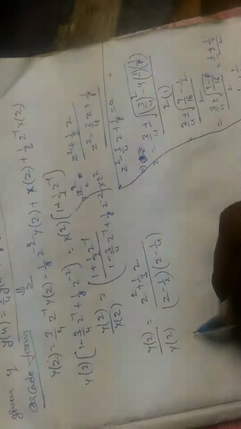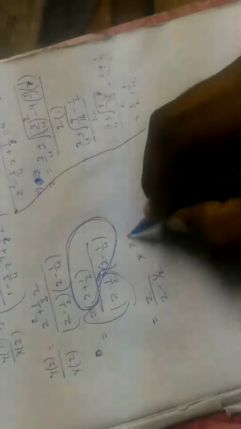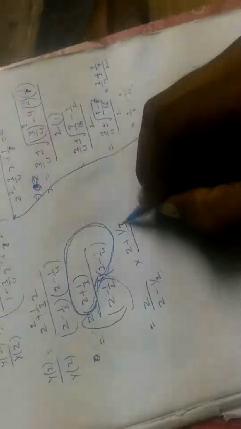Then z into (z plus 1/3) divided by (z minus 1/2) into (z minus 1/4). Then take this as one term and another as another term: z divided by (z minus 1/2) into (z plus 1/3) divided by (z minus 1/4).